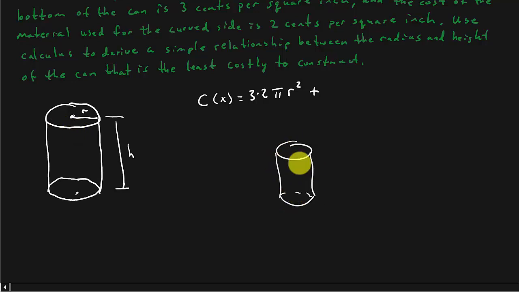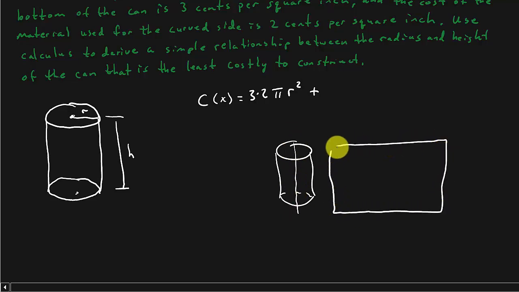I need the surface area of the outside of the can, the side of it. So if I take this can and cut it in half and open it up and fold it out, it looks something like that.